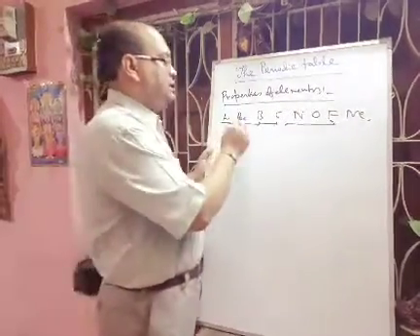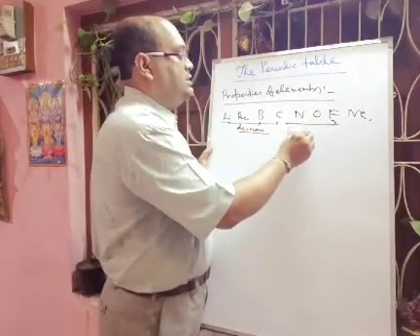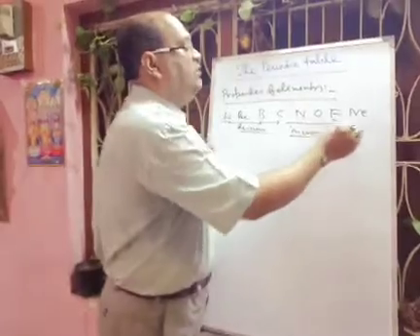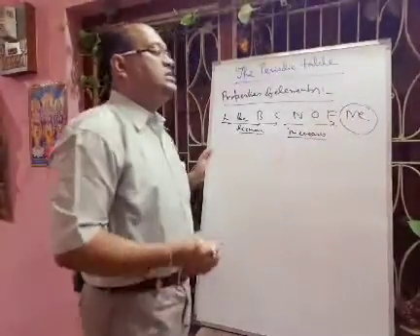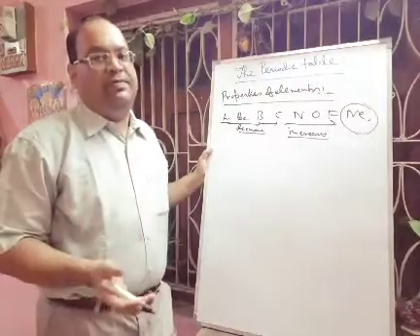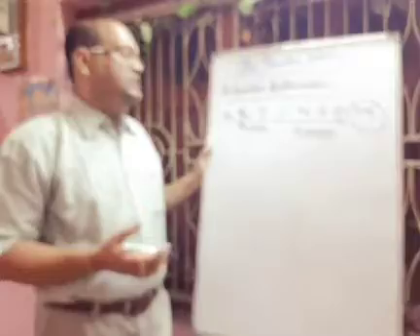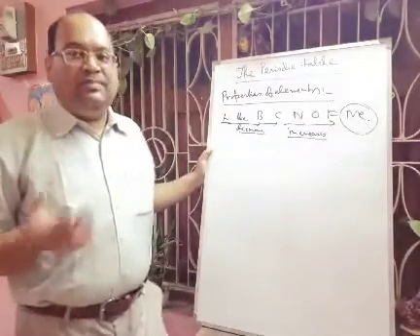So it decreases up to carbon, and here it increases. And finally, neon is the inert gas, so its reactivity is almost zero. So you can understand what I am telling. That is the properties of elements in a period.